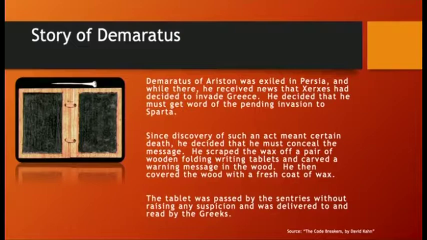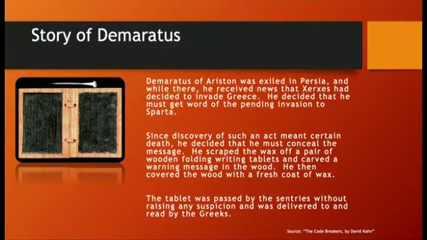Kind of looks like an iPad, right? He peeled the wax off the tablet, engraved the message in the wood, and then put a clear coat of wax back on top, so you couldn't see the actual message. So it's the physical form of covered writing, right? That's where we believe the word came from, in this story of Demaratus. Obviously, he snuck that tablet by the sentries of the day and got the message to Sparta in time.